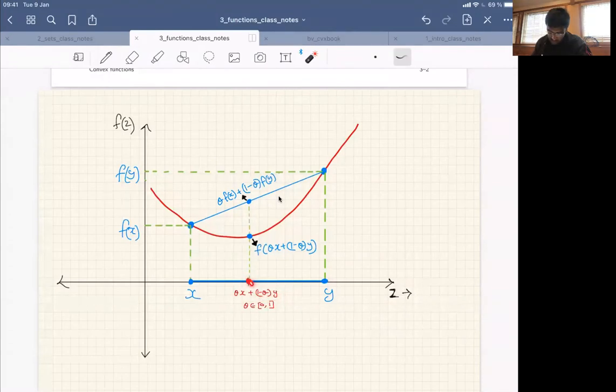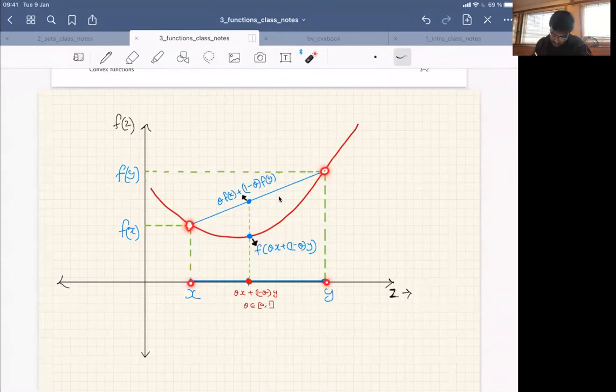In that case, what I'm saying is, now evaluate the function at this point, which is f of this combination. That is this, right? So that has to be less than or equal to: now we consider the value of the function at the point x, f of x, and the value of the function at the point y, f of y.